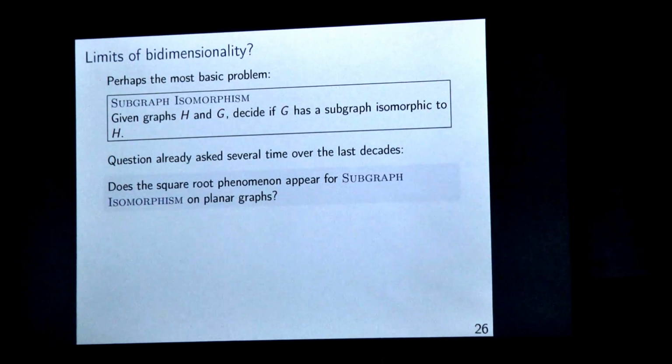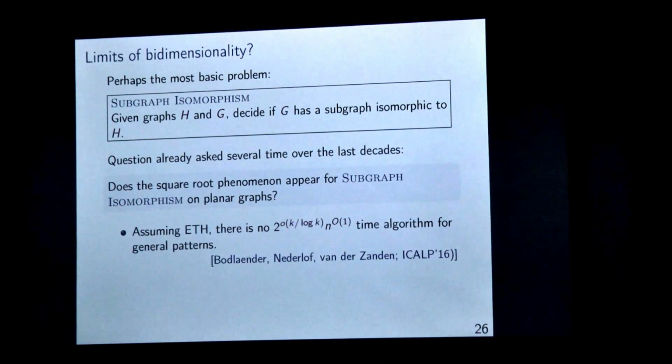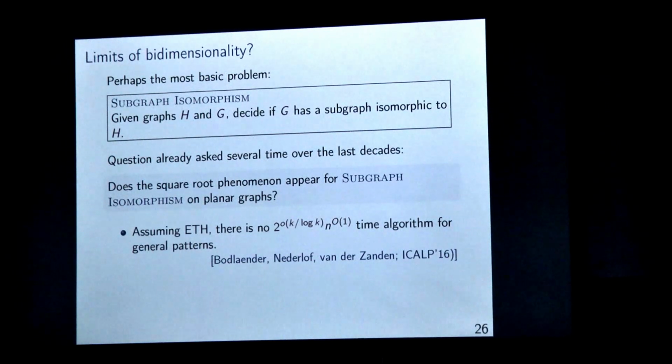Now the question is, we were talking about this square root all the time. Does this also happen for subgraph isomorphism on planar graphs? And recently, in ICALP 2016, Bodlaender, Nederlof, and van der Zanden showed that you cannot have an algorithm with running time 2 to the power little o of k divided by log k.